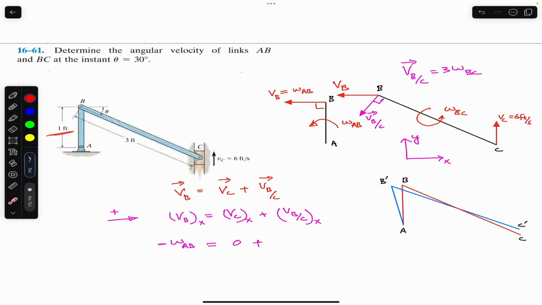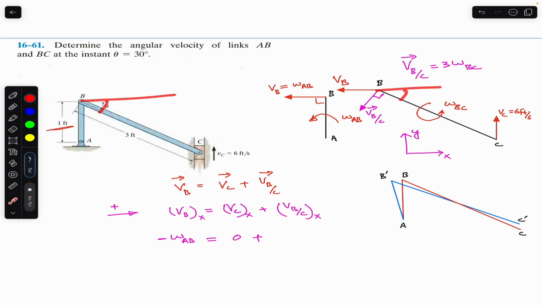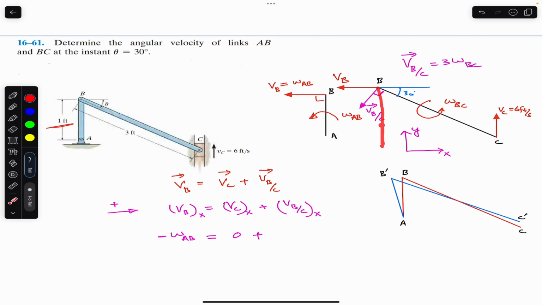plus, now this is the velocity of B relative to C. It is perpendicular to that BC, and here we have the angle given, which is 30. Here we are given that this angle is 30. So let's represent that angle here. Now, as we can see, this velocity is perpendicular to this BC, and if we draw a vertical line here, this vertical line is perpendicular to this blue line.